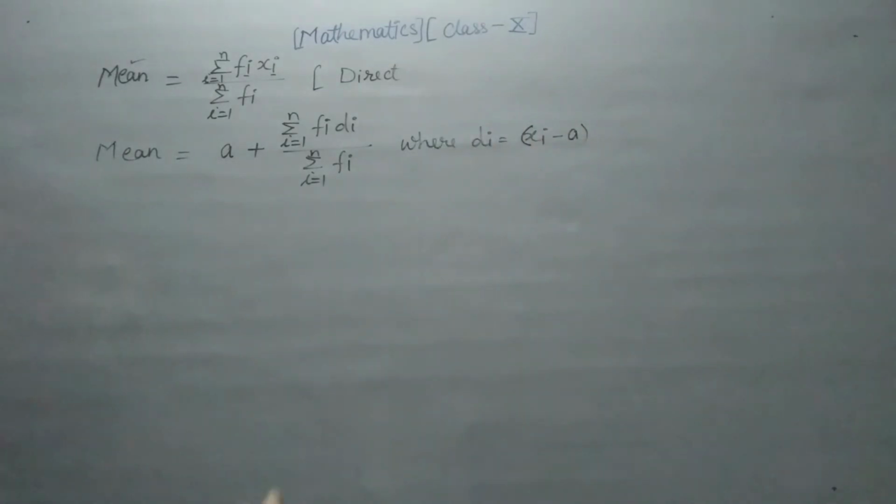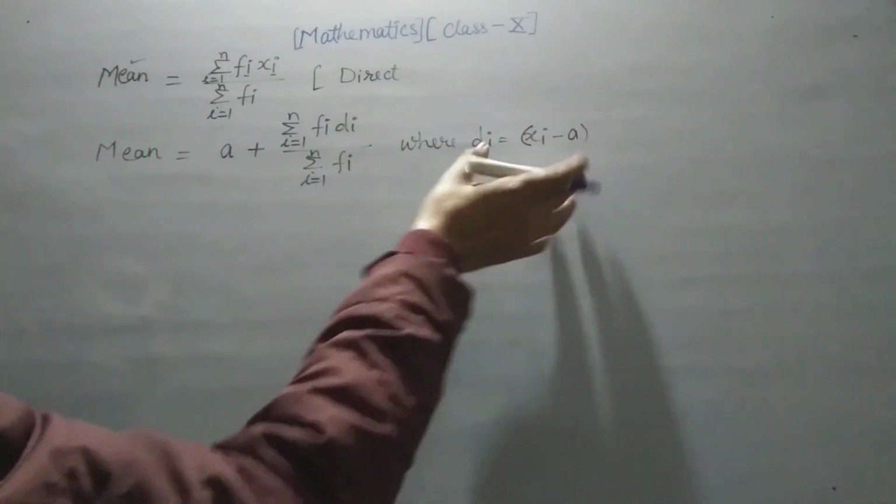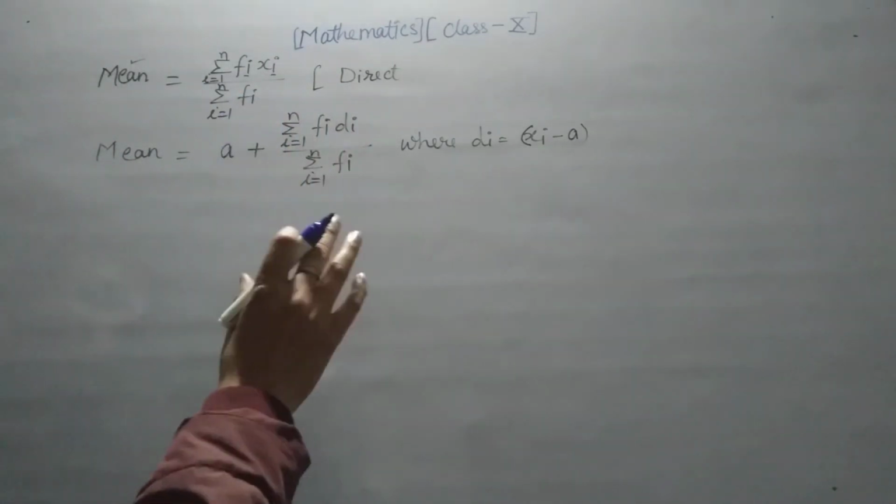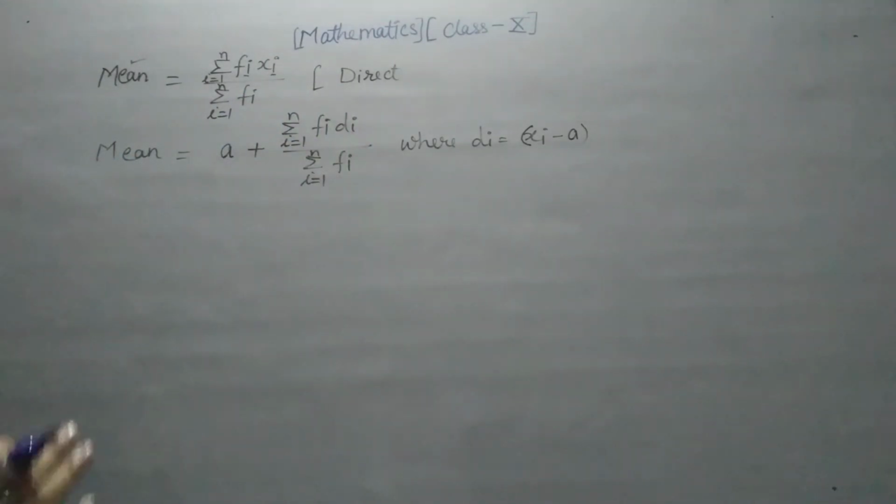By this way you have to find the di, then multiply by fi and find the sum, and then put it here and find the mean.